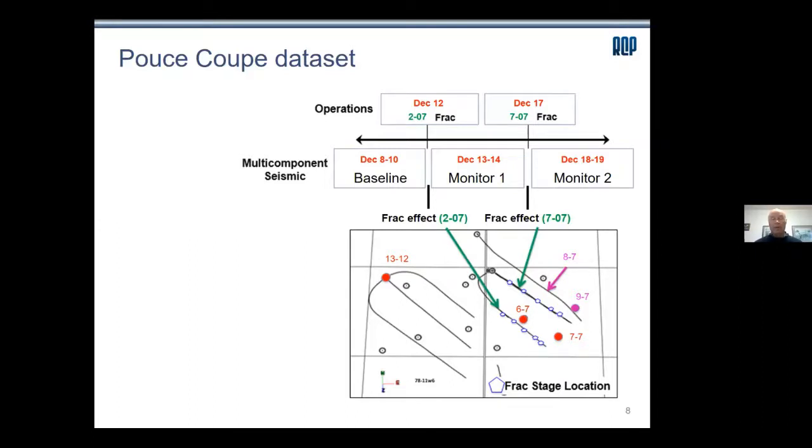Then one of the wells, which is called the 2 of 7 well here, was fracked, hydraulically fractured, on December 12th. On December 13th and 14th, we did another survey, which we will call a Monitor 1 survey. And then the 7 of 7 well was fracked on December 17th, and we did a second survey December 18th through 19th. So again, all 3 surveys spanned a time interval a little bit more than 10 days.